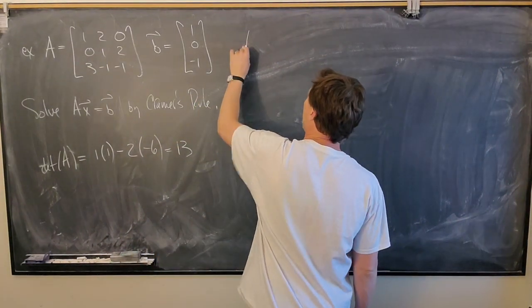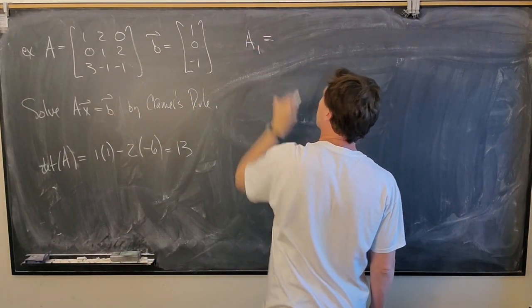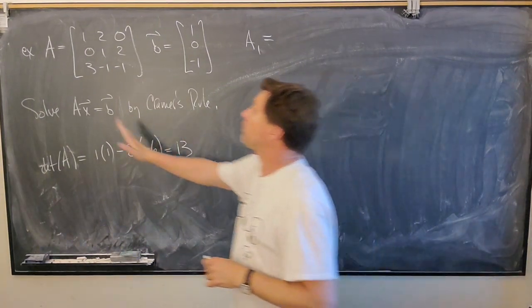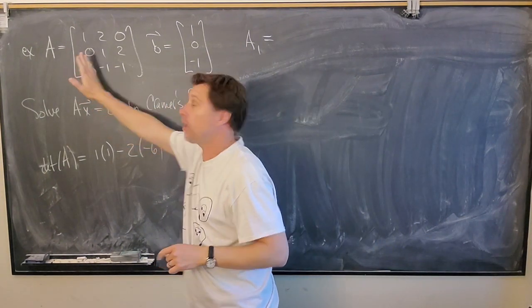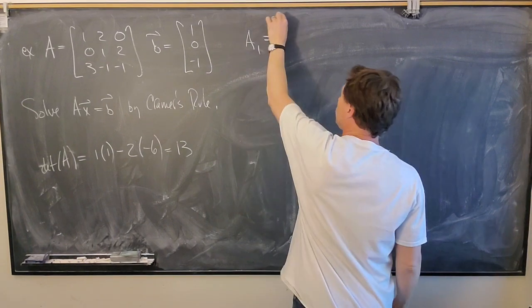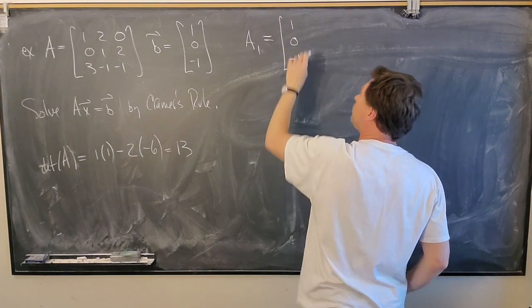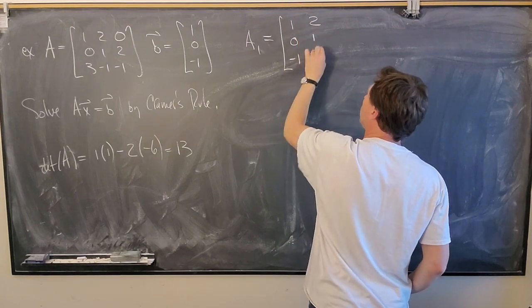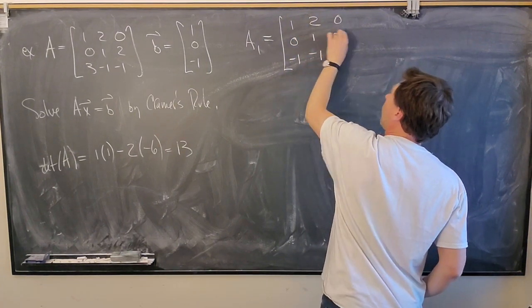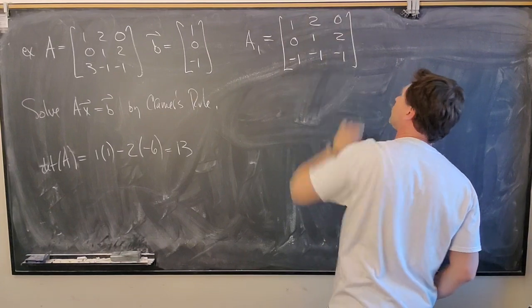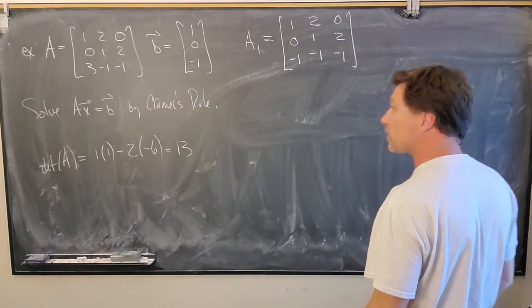Now I look at the matrix A1 that I get by replacing the first column of A with the matrix B. All right, so there's the matrix A1.